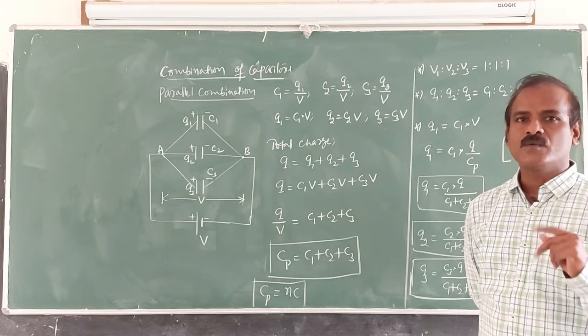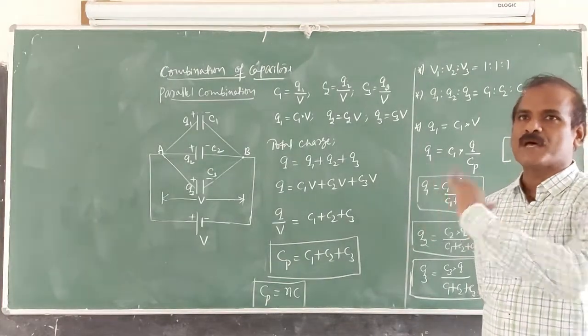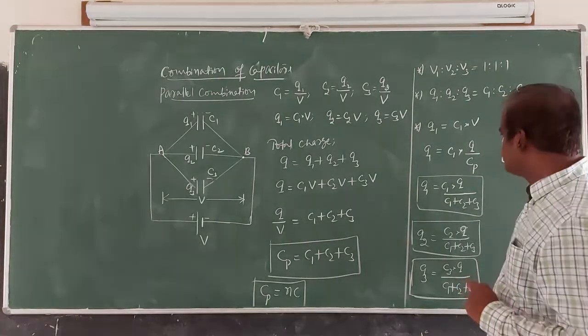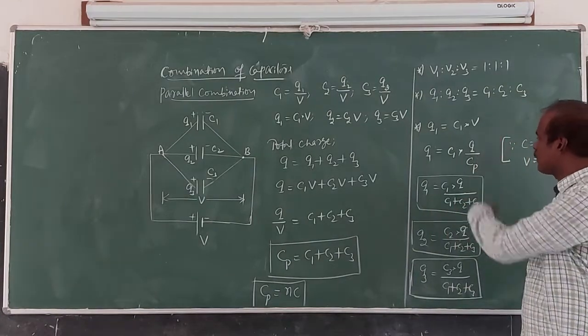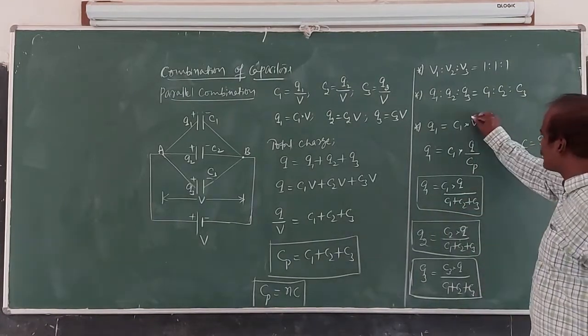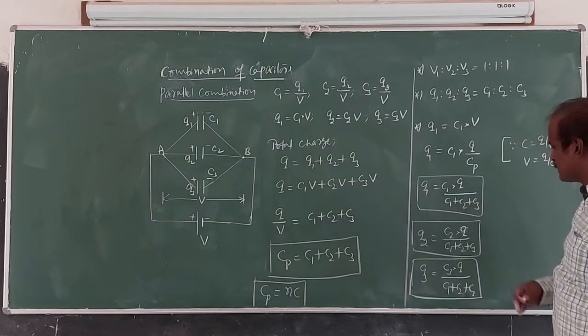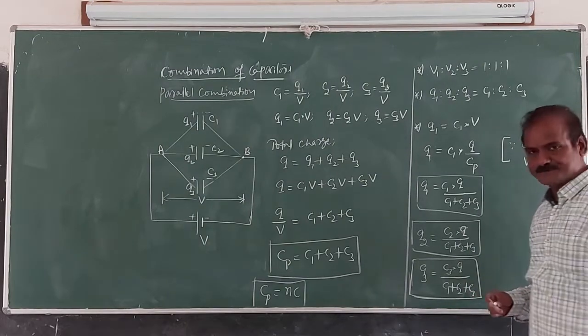How charge divides? According to their capacitances, directly proportional to capacitance. And what is the charge on each capacitor if you want to calculate? Of course, ratio formula, if you want to calculate, here are the formulas. Q C1 by C1 plus C2 plus C3, C2 Q by C1 plus C2 plus C3, like this you can write.